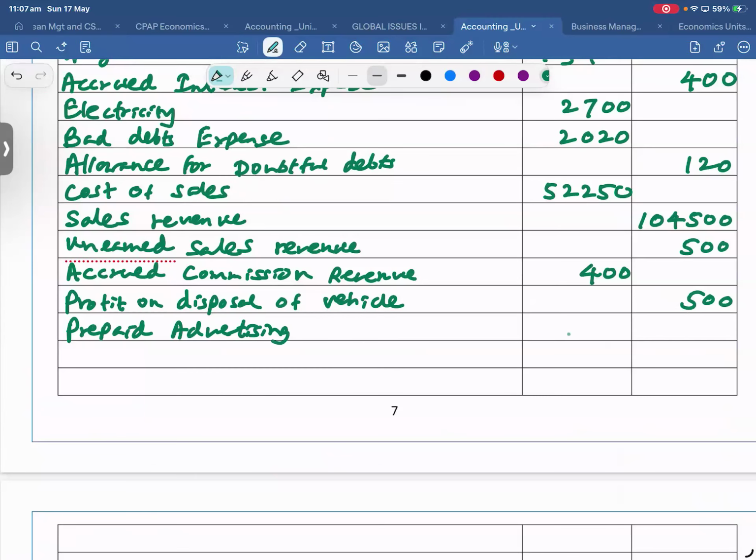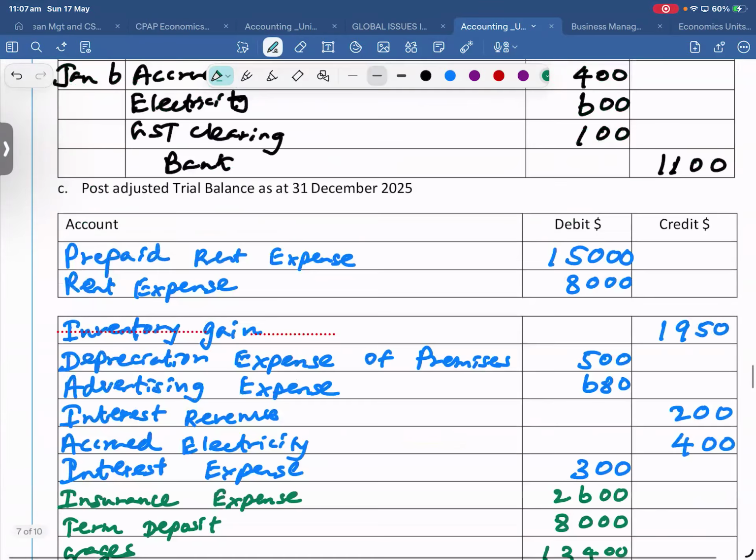Prepaid advertising 1020. Accrued interest revenue, how much was it? 400. For 300, yes.